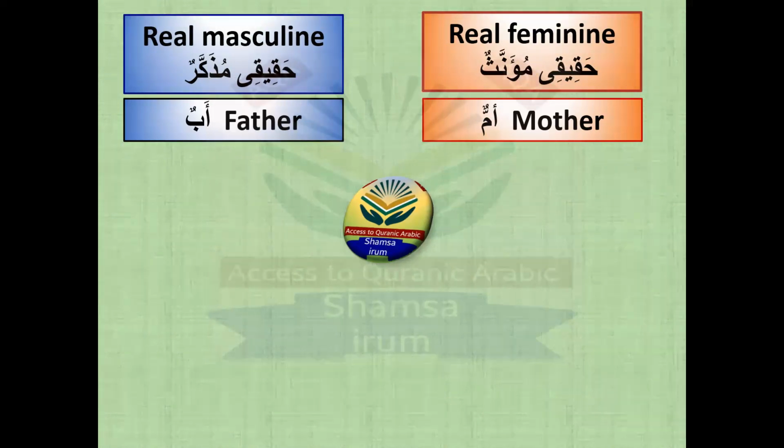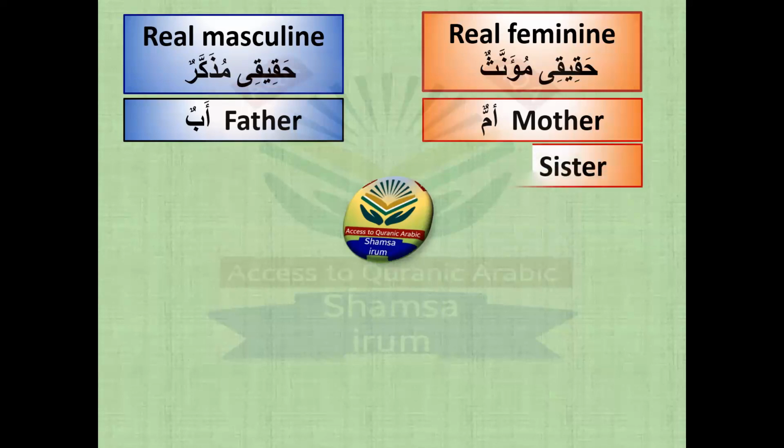They can be said in different words: in Urdu we say ma or ammi, in English it is mother, and in Arabic it is ummun. In any other language, if I ask what is the gender of the mother, they will say that is feminine. And if I ask what is the gender of the father, they will say that is masculine, because it's real feminine or masculine.